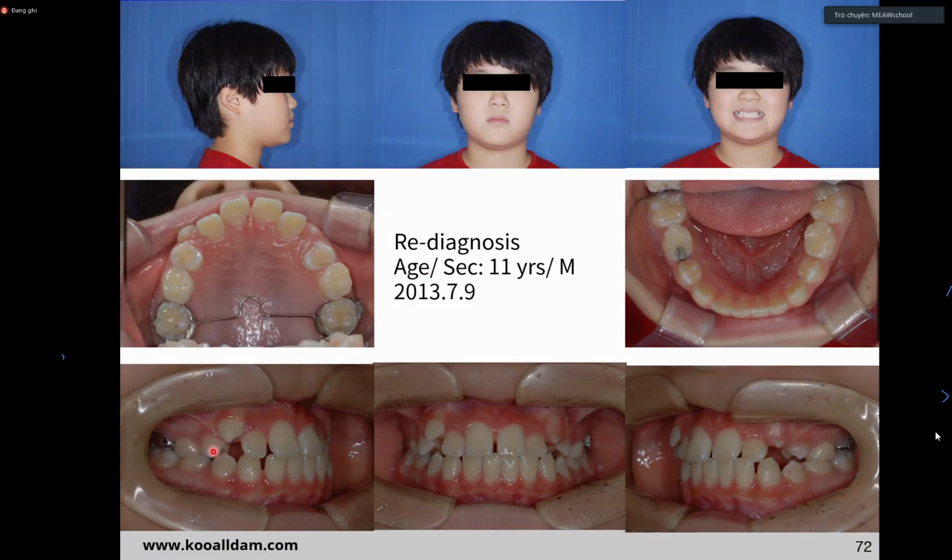After eruption of the exchanging buccal teeth, we did re-diagnosis. How about the profile? Not bad.